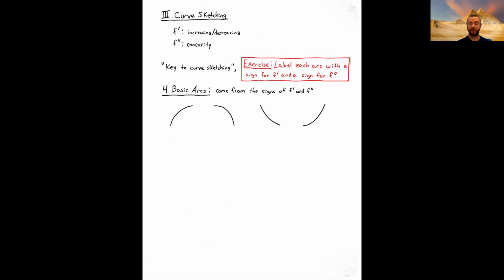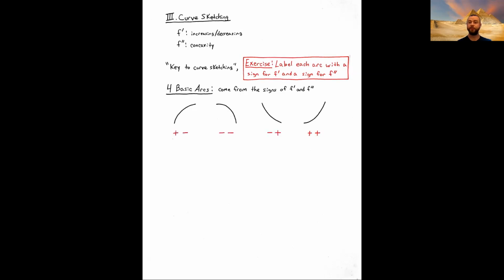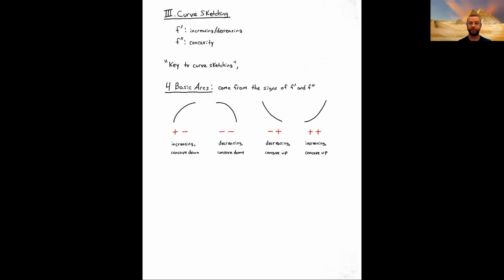Welcome back. Let's go ahead and take a look at these sign combinations. You should have them, if they were correct, in this order: plus minus, minus minus, minus plus, plus plus. Again, those signs refer to the sign of the first derivative and the sign of the second derivative. So just to make sure you see where they come from, let's go left to right with the arcs.